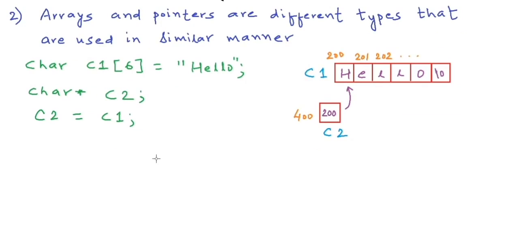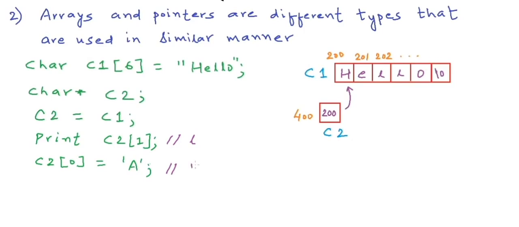Now we can use this variable C2, which is a character pointer, just like C1, to read and write into the array. So if I write something like print C2[1], the output will be L, and we can even modify the array. Let's say we want to modify the character at the 0th index to A. So the string will be modified and will become this.